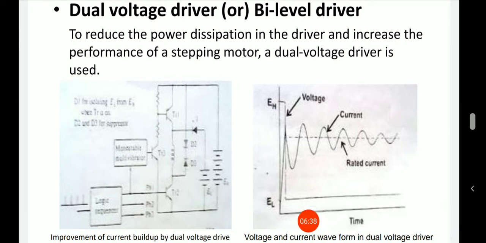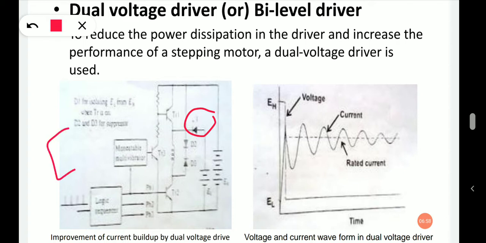Here diode D1 is here. Diode D1 is now reverse biased to isolate the lower voltage supply. The current builds up quickly due to the higher voltage EH.